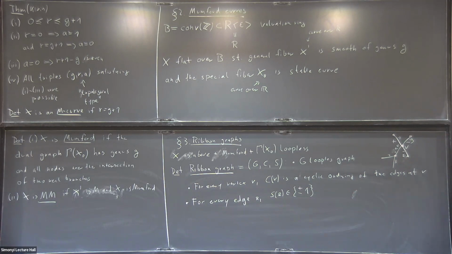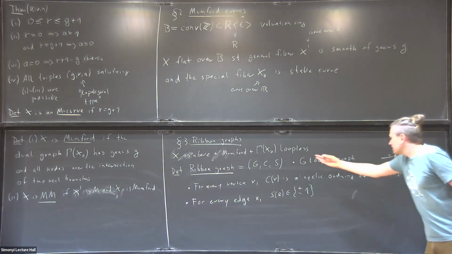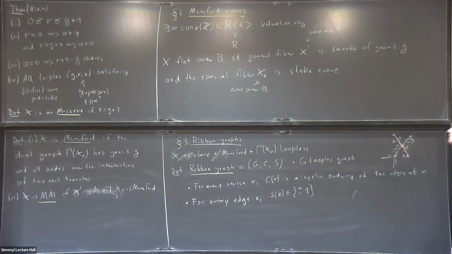What is S in that picture? Let me explain it in a few minutes. Okay, I can do it now. So let's construct from a ribbon graph an embedding to a surface.